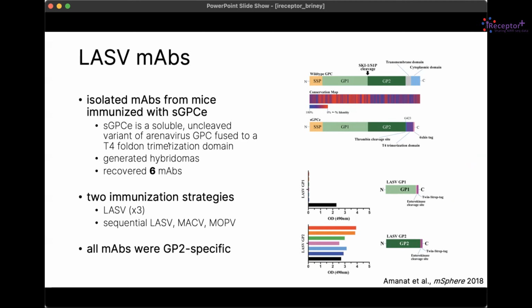Mice were immunized, 6 hybridomas were generated, and 6 antibodies were recovered. Interestingly, all of the antibodies they found were GP2 specific. So it appears that GP2 is highly immunogenic, at least in this particular experiment.